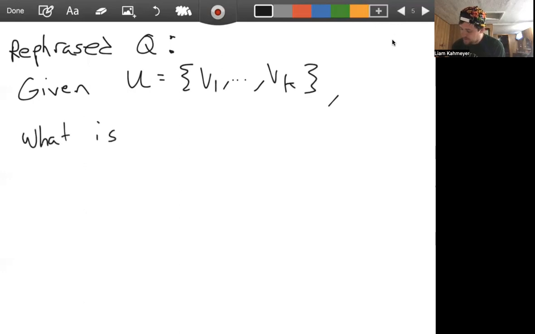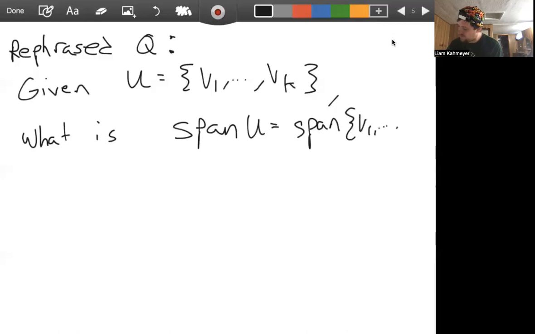We'll denote it by the span of U, or we'll see this as span of v1 through vk. We're trying to obtain subsets of n-dimensional space given a collection of vectors.